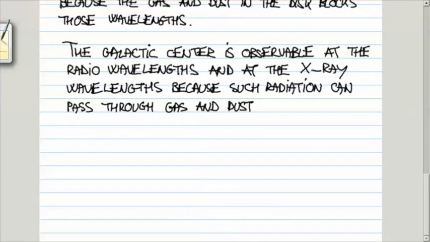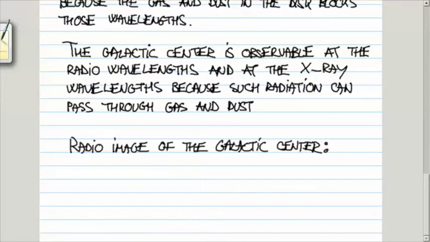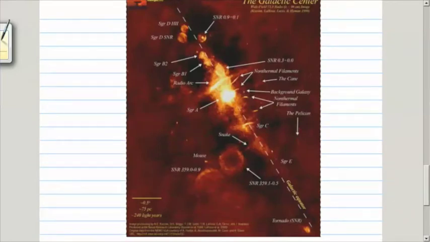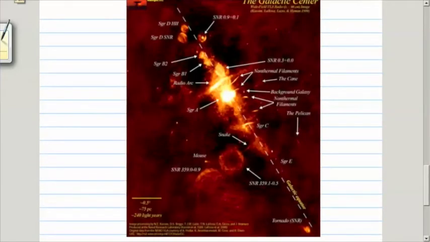Okay, and next I want to show you the radio image of the center of our galaxy. And let me open a new page. Okay, that's good enough. So these colors, of course, are artificial colors used to render the image, but they represent different intensity of radio waves. And you can see several features at the center of our galaxy.